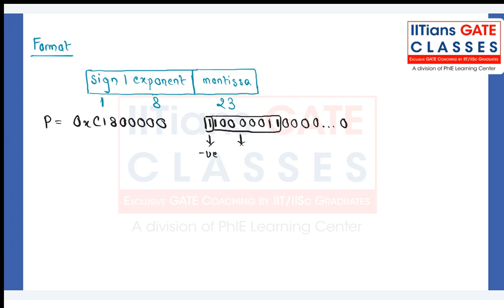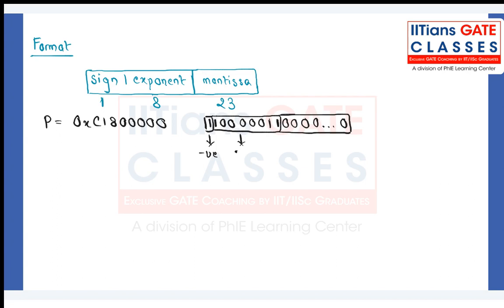So this is nothing but 131, I guess. And then there are all zeros, so the mantissa is all zeros. Now this is implicitly normalized. Single precision is implicitly normalized, right?